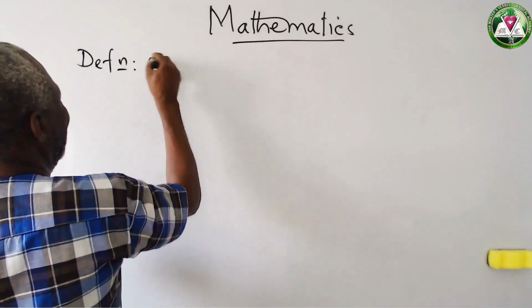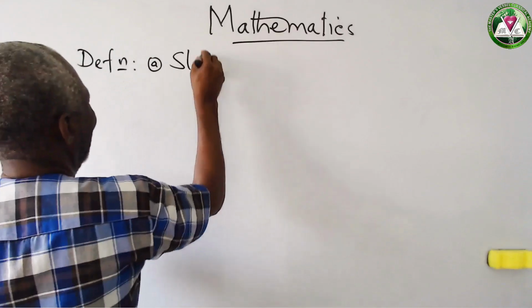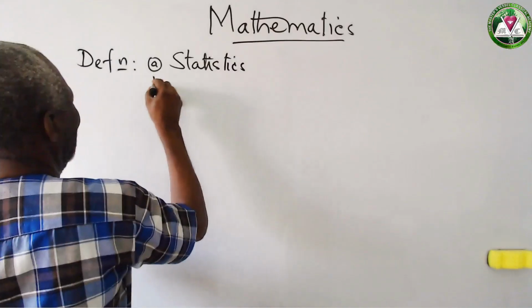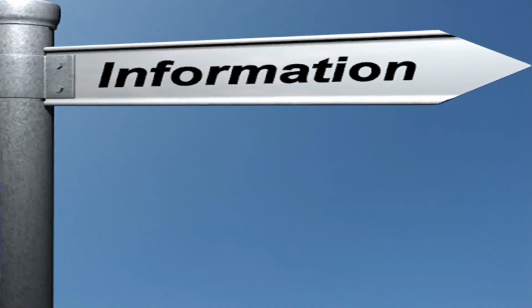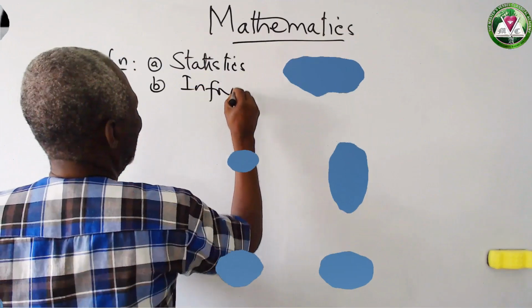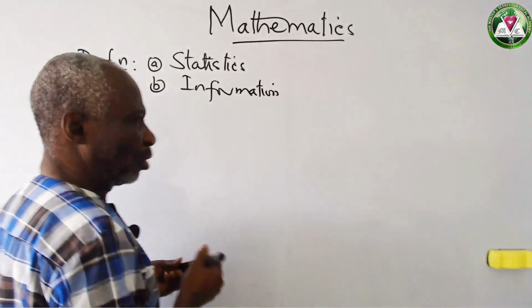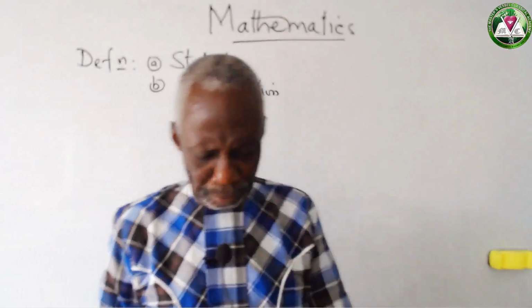The first one there is statistics. The second one there is information. Knowledge about something. That is information.